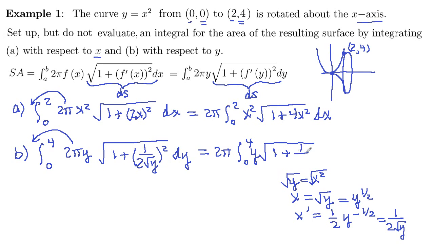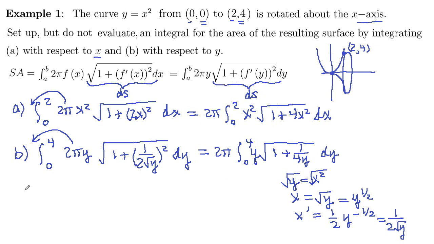So it would be 1 over 4y, dy. And let's see here. So we would get a common denominator between these. We'd have 4y plus 1 over 4y. Not quite sure what would be the best way to do that one.